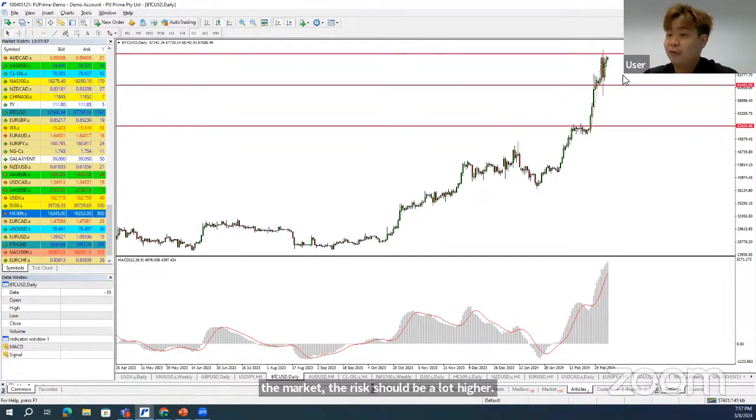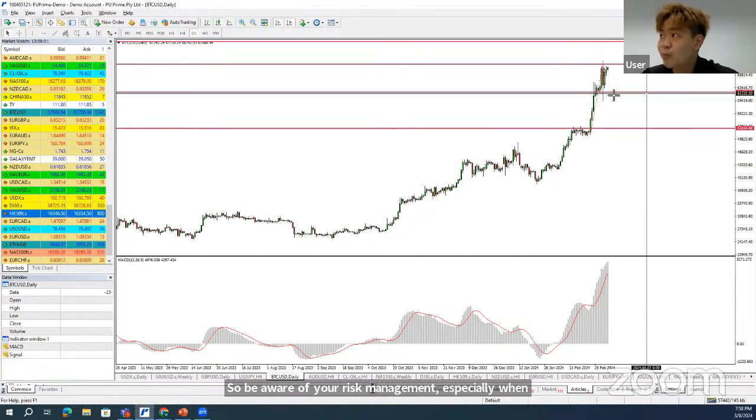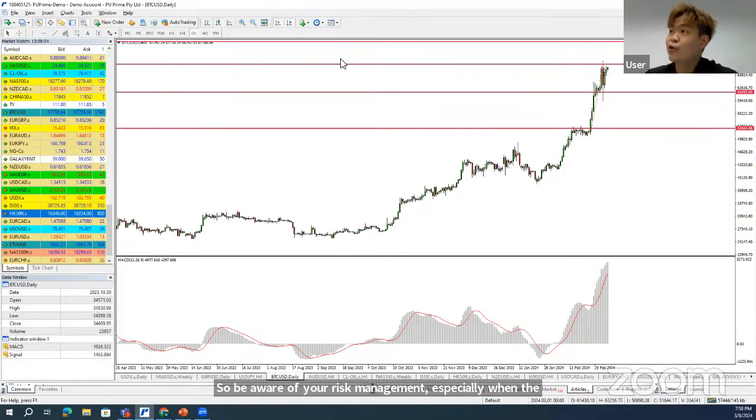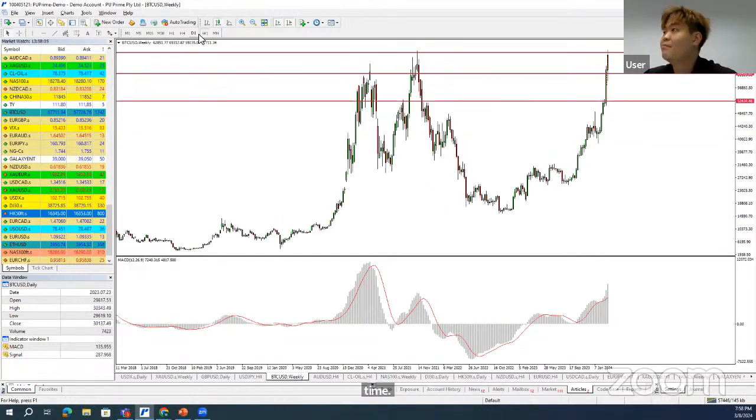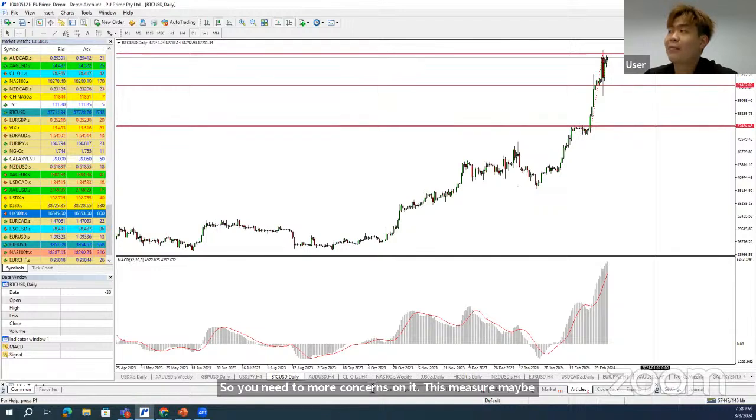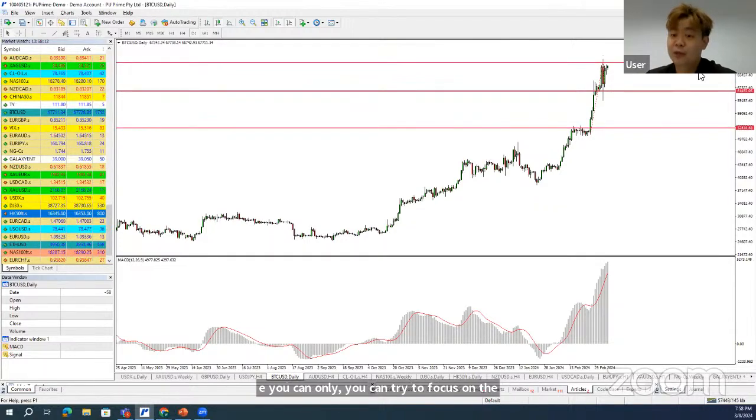So please be aware of your risk management, especially when the crypto market almost breaks out above the all-time high. You need to be more concerned about it. Maybe you can focus on the all-time high resistance level to receive further trading signals.